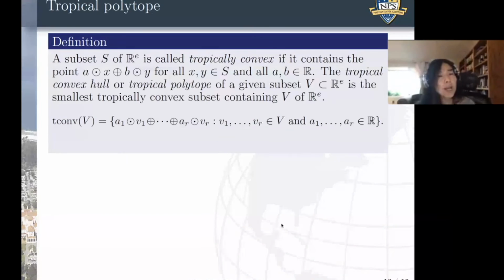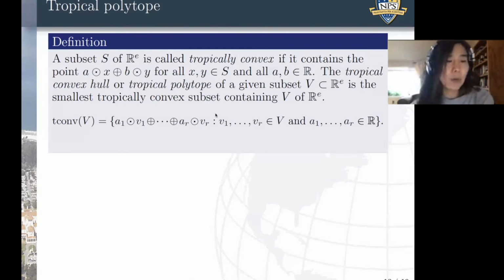Okay, so a tropical polytope is basically, suppose we have a finite set from the tropical projective torus, and then we take the tropical convex hull, where x and y are vectors and a and b are real numbers.